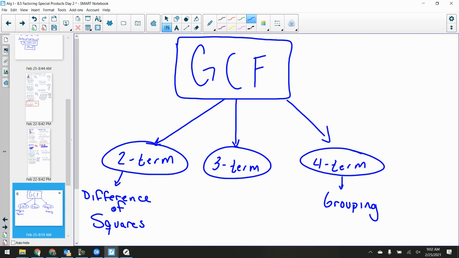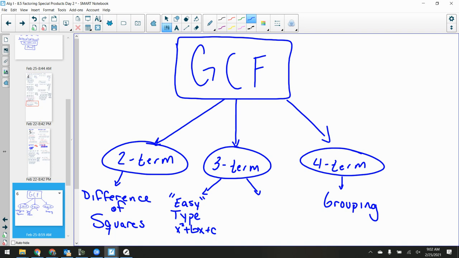Now, the 3 terms is where it can get a little iffy. There are 2 different possibilities with 3 terms. The first is the easy type, where it looks like x squared plus bx plus c.